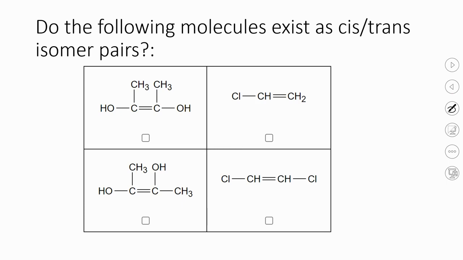We have to imagine what's going on. We have to decide. We have to imagine how they gave it to us, and then imagine flipping one side and seeing if we can get it to be either cis or trans. And if it could be a cis-trans isomer pair, then we click yes. If there's the same groups on one side, so like this one can't exist as a cis-trans isomer because we have two hydrogens.